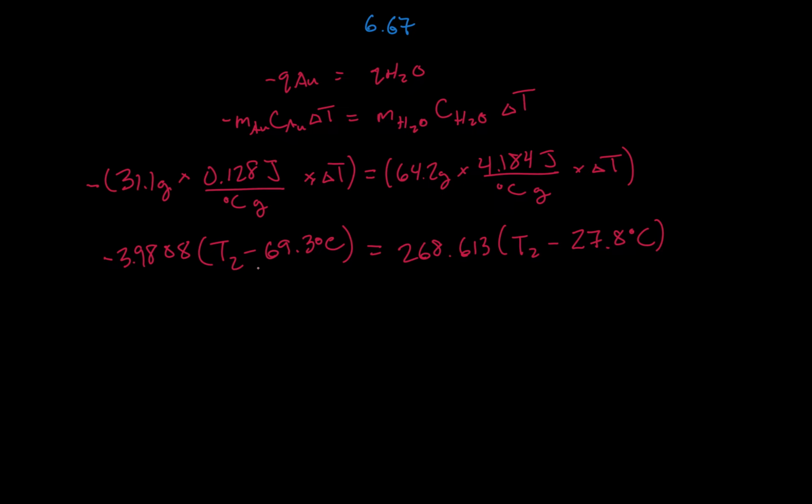Okay, so in all of these problems, what you end up with is you'll have some factor of T2 and then some factor of degrees Celsius, and you isolate your degrees Celsius on one side and the T2s on the other side, and then you divide the degrees Celsius side by the coefficient of T2 once you finish solving your values here.